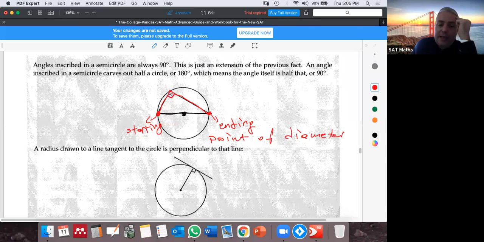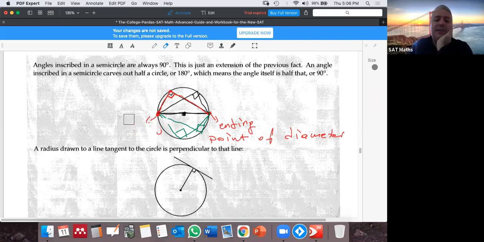So if one angle sees the diameter, opposite of the diameter like this, it is 90 degrees. For example, if I draw this, it is 90 degrees. I hope you understood this.